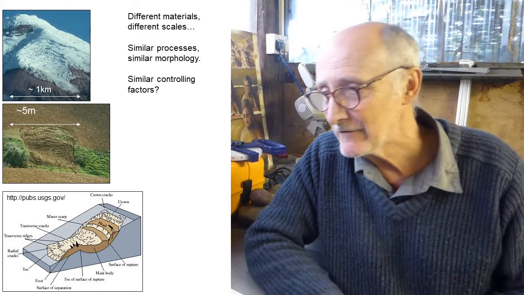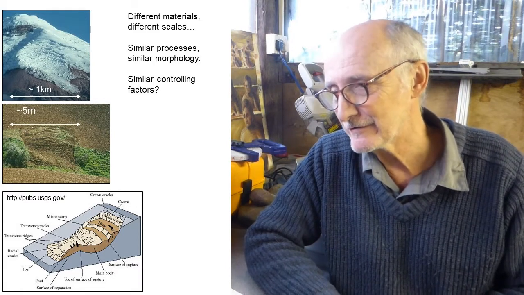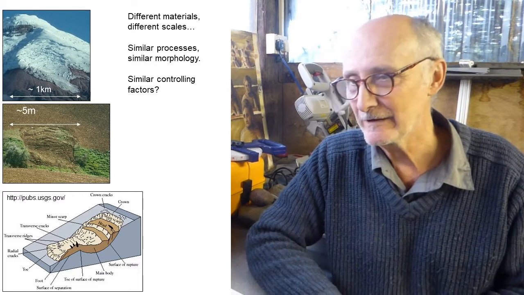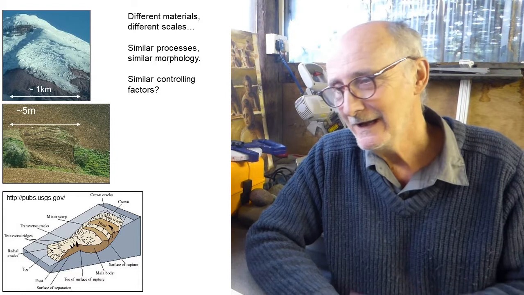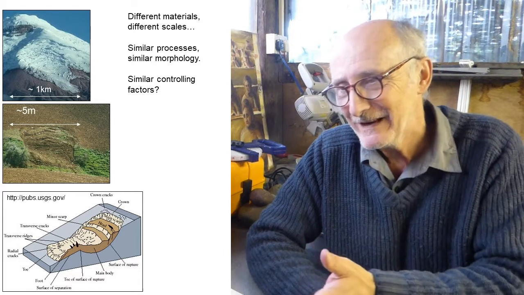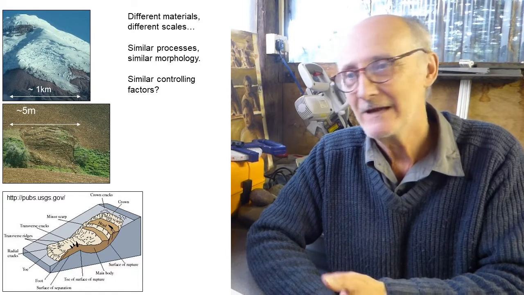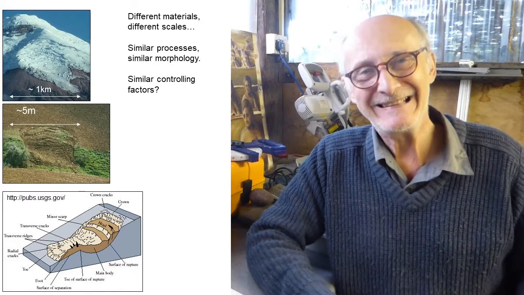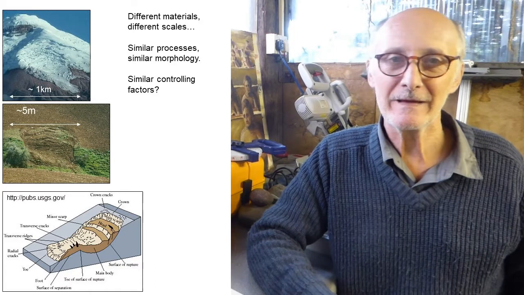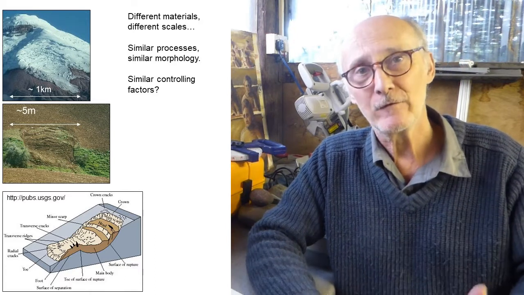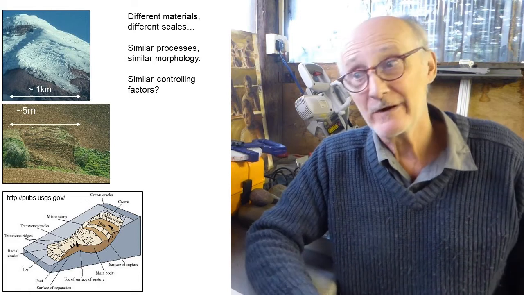And there's a diagram at the bottom from the USGS which illustrates the primary components of that type of landslide or mass movement. You could almost redraw that diagram virtually unchanged for certain types of glacier, because the idea is the same whether you're dealing with a glacier or a mass movement, in that you have driving forces, shear stress, controlled primarily by gravity.